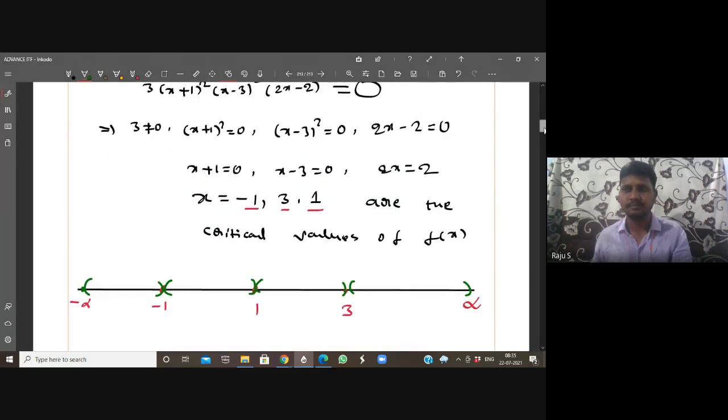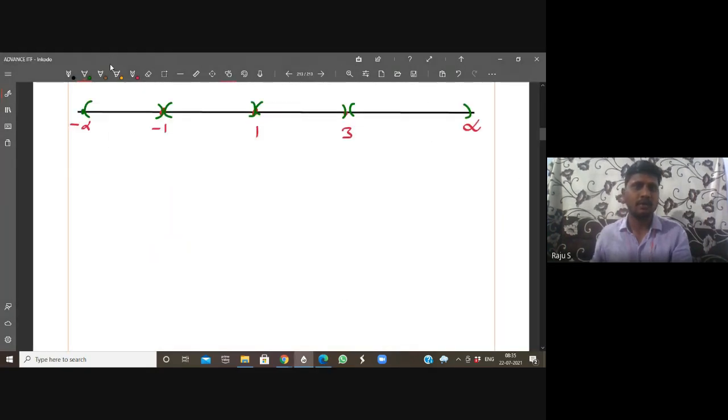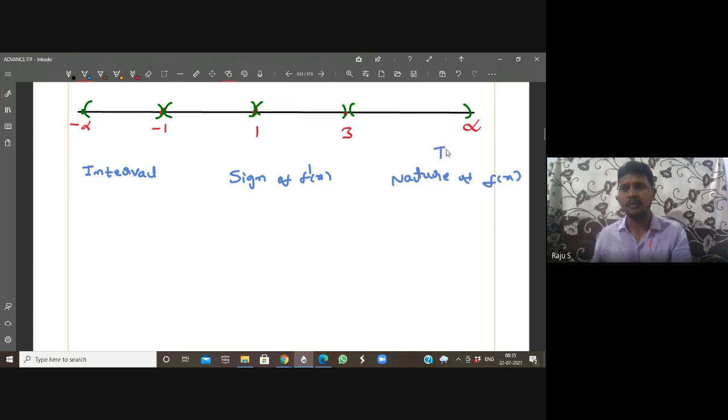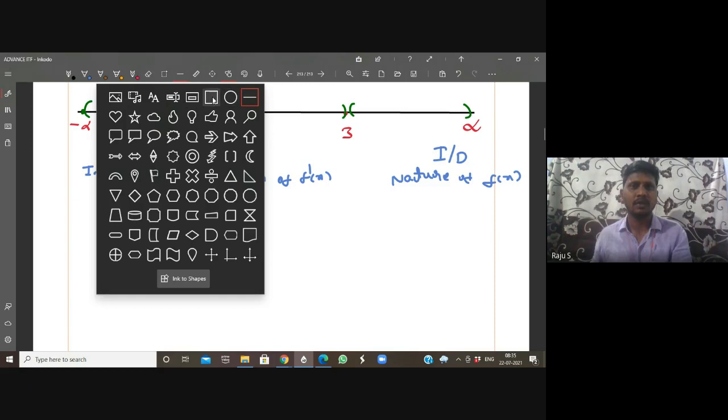So here, first interval, then sign of f dash of x. Next, nature, meaning whether the function is increasing or decreasing. Otherwise you can write I for increasing and D for decreasing. Okay, you have to take that in brackets.